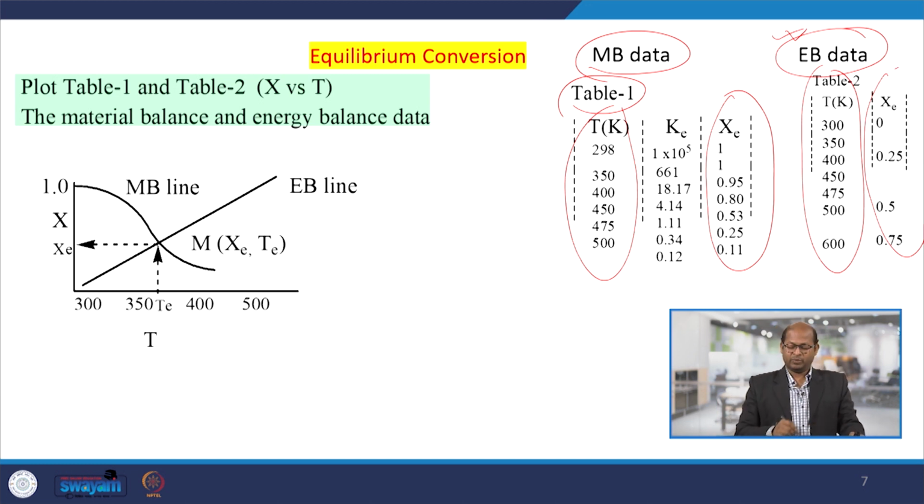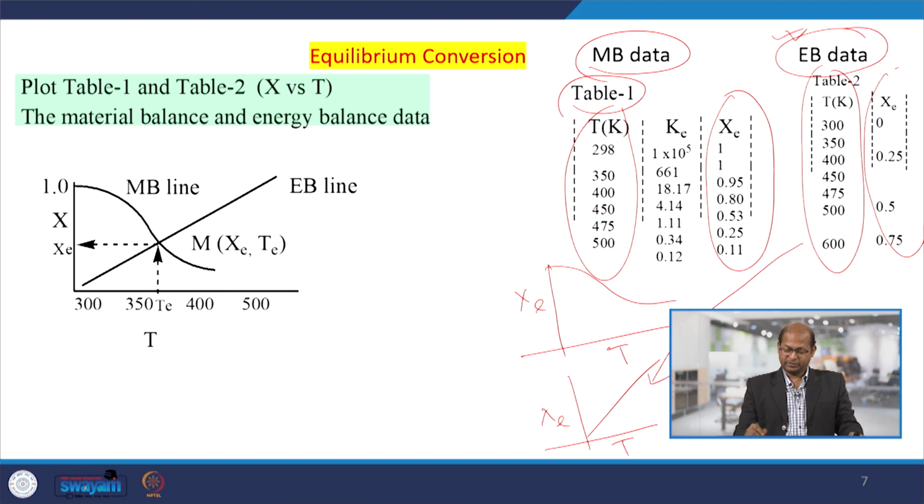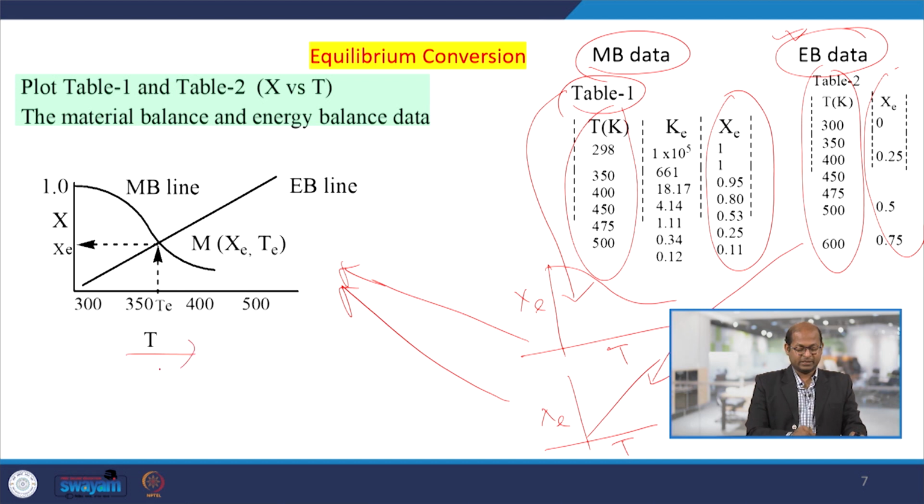If we plot them on the same plot, from table 1 it would look like this, and from table 2, Xe and temperature would look like this. We plot both in the same graph, with temperature on the x axis and equilibrium conversion on the y axis.